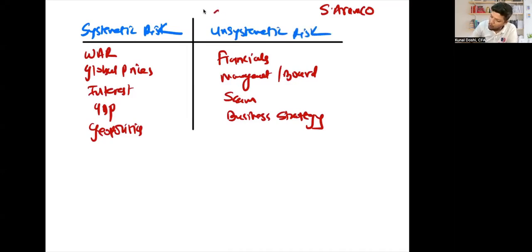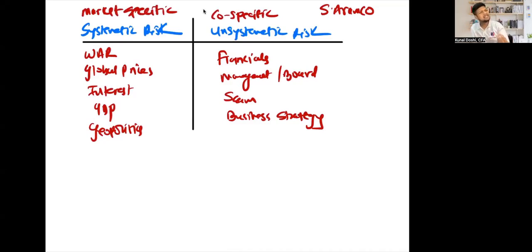Unsystematic risks are more company specific, and systematic risks are more market specific. What do I mean by that? The systematic factors will affect not only Saudi Aramco, but all the other oil and gas companies also. War, interest rate, GDP, politics, tax policies will affect the other oil and gas companies also, correct? But management change, scam, business strategy are more specific to the company, isn't it?